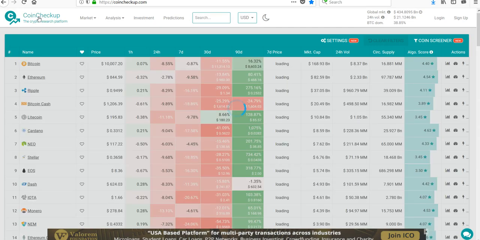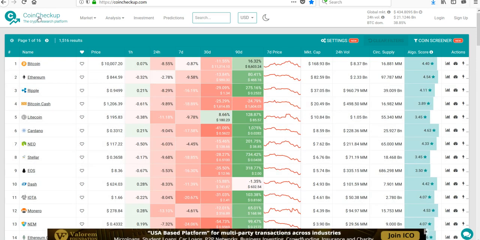So I just wanted to leave you with a few final thoughts, is that the long-term outlook on cryptocurrencies is, I believe, a great place to take a look at as far as investing is concerned.